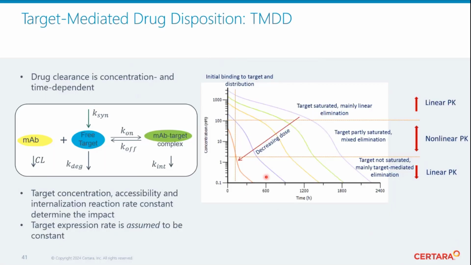So TMDD. We had a work stream about small molecule TMDD that John led, and which also covered the large molecule TMDD. Just to remind you, the antibody binds the target, forms the complex, is internalized, and the antibody is typically degraded. So this provides an additional degradation pathway for that antibody. And then it comes down to the relative contributions of non-specific degradation through endocytosis and specific target-mediated degradation.